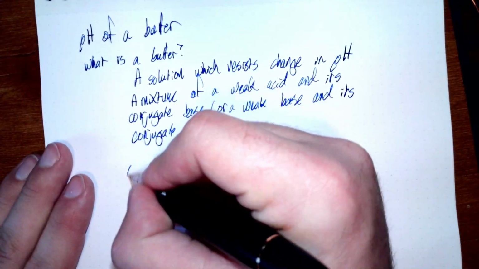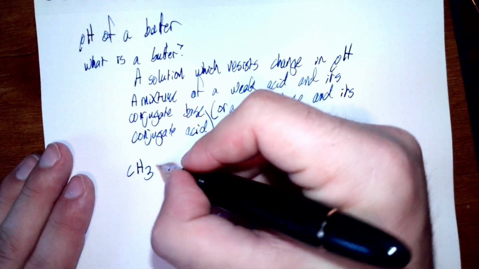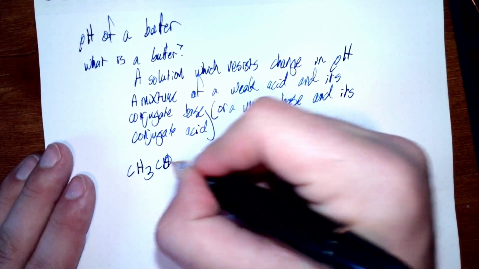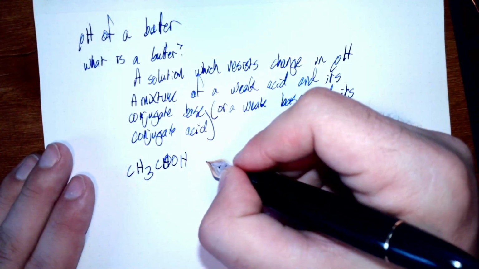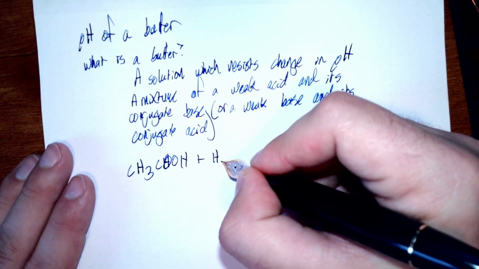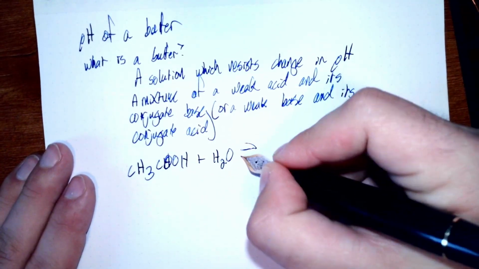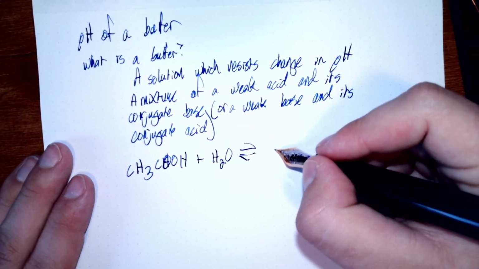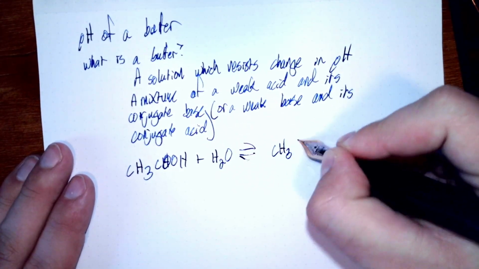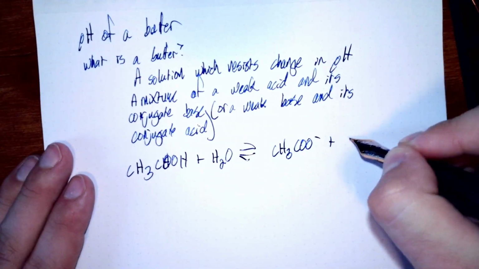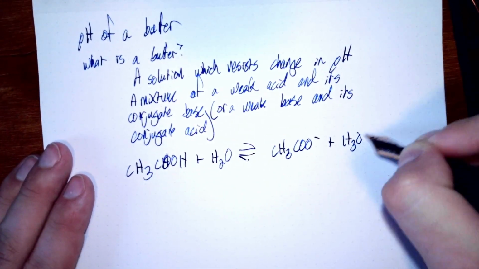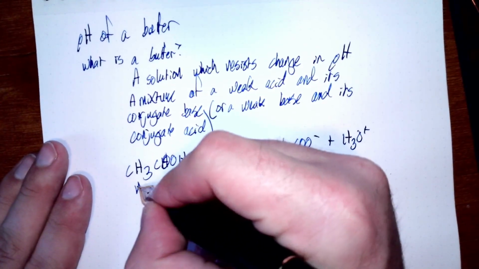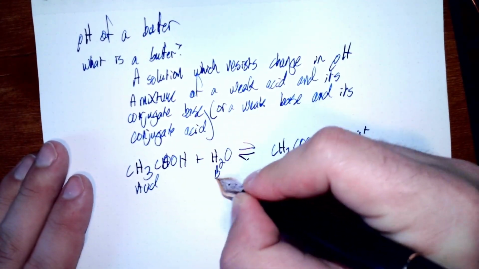All right, let's say that we have something like acetic acid, CH3COOH. We dissolve this in water, and we get CH3COO minus and H3O plus. Right, this of course is our acid, this is our base.